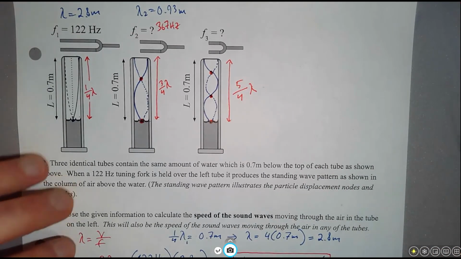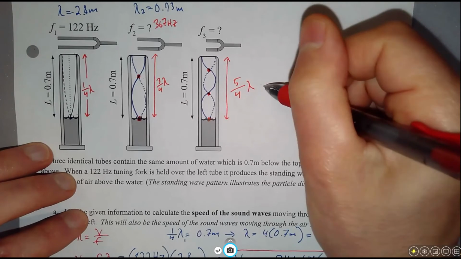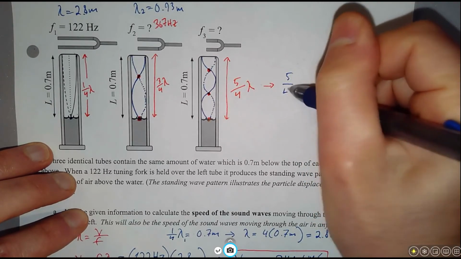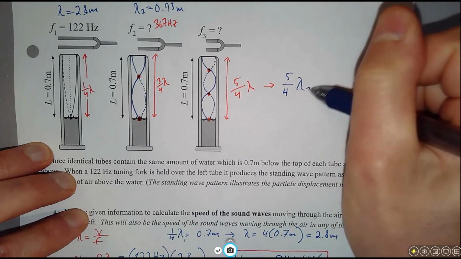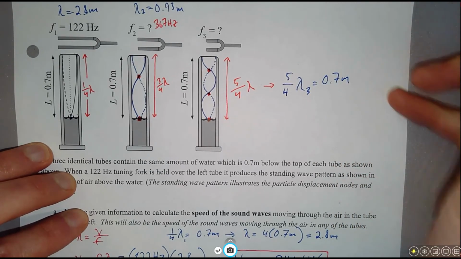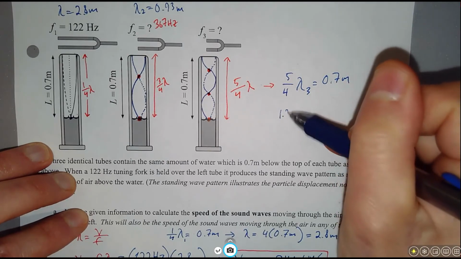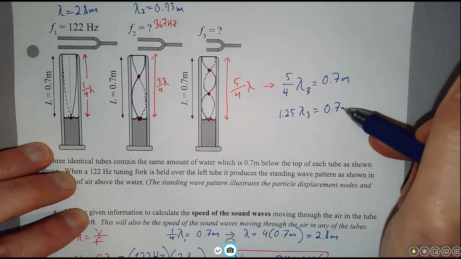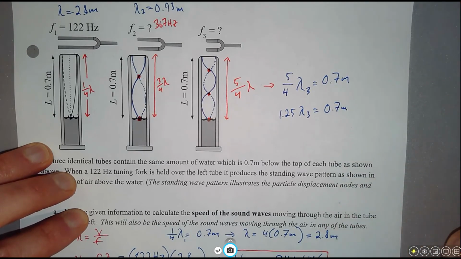And so now let's solve for that up here. We can see that 5/4 of, we'll say, wavelength number 3 fits in that same length, that 0.7 meters. 5/4 is the same thing as 1.25, so I'm going to simplify it to a decimal equivalent.